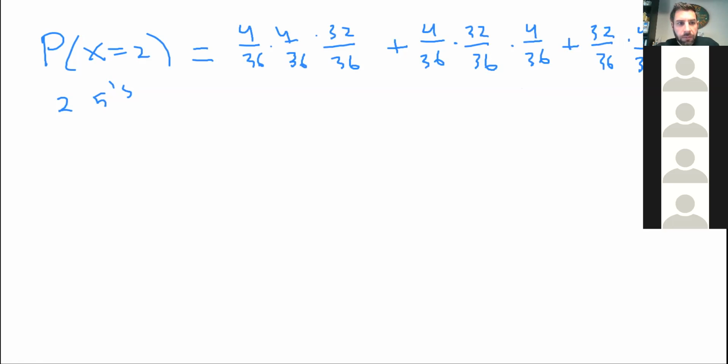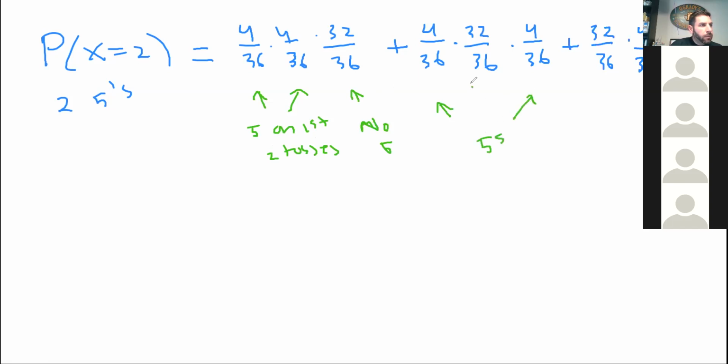So let's annotate this. So maybe when you go back, because I know you're all great students and you're going to go back and study this example. So if I take a different color, what does this mean? This means I get a 5 on the first 2 tosses. No 5. And then here I get 5s.